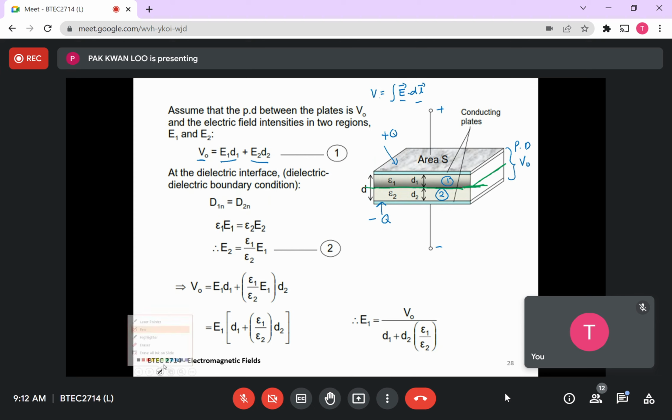We already knew that if you have infinite plates, then the electric field is only in this direction, from here to here. After obtaining the expression for the electric field in region 2, we substitute back in equation 1.